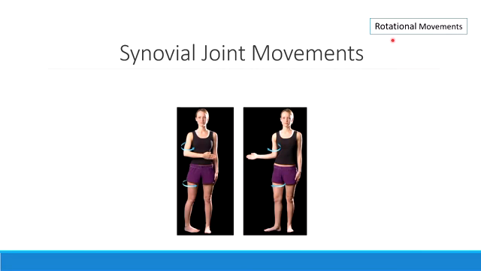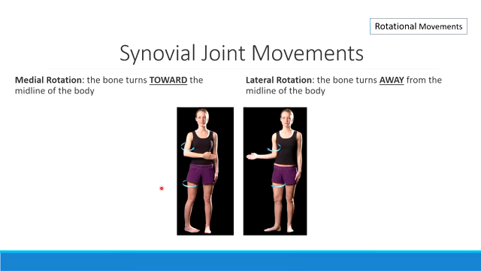Now we're talking about movements that are rotational movements, and the good news with rotational movements is that their name literally says they're rotational. So medial rotation and lateral rotation, when we move something toward the middle or away from the middle, but again, we're rotating, so not like I did with abduction away, but instead it would be if I make these bones rotate away or rotate toward.